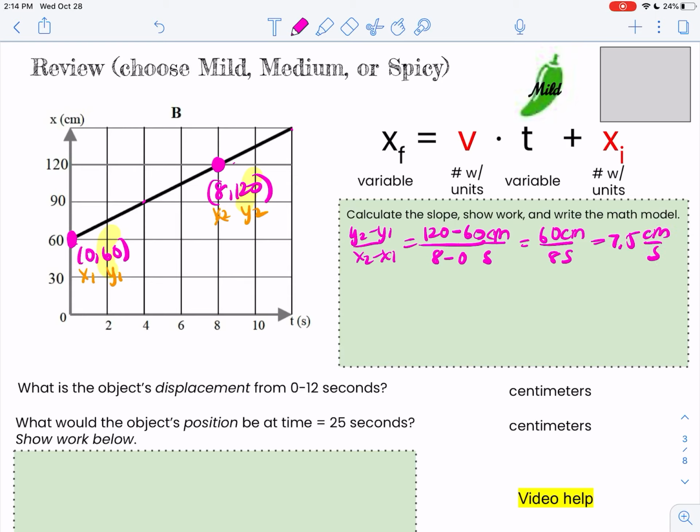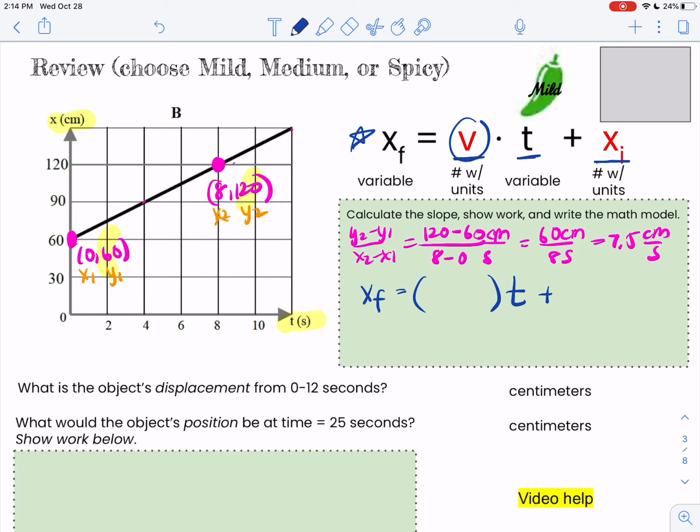So that's the first thing that you have to do, is be able to find the slope. And then remember the units are always rise over run units. Now when I write the math model, I'm going to copy it basically from here. So I have x final equals my velocity multiplied by the time plus my initial position.